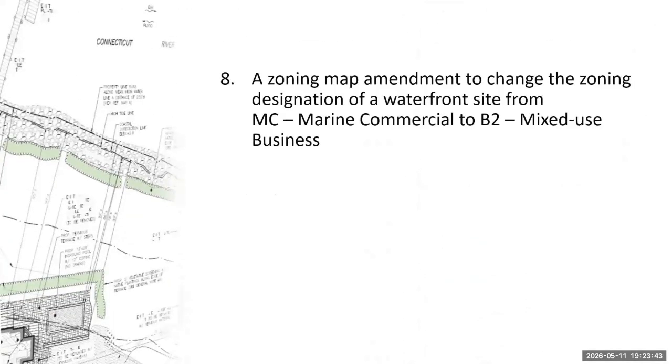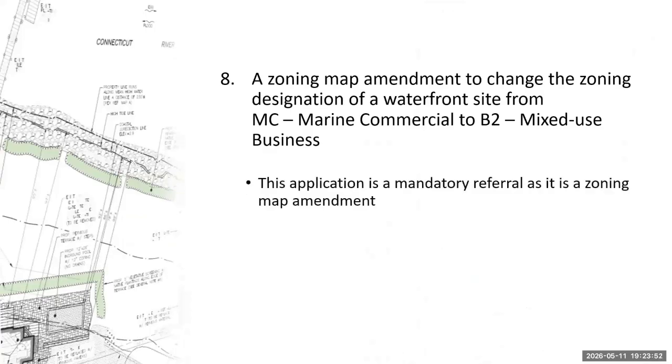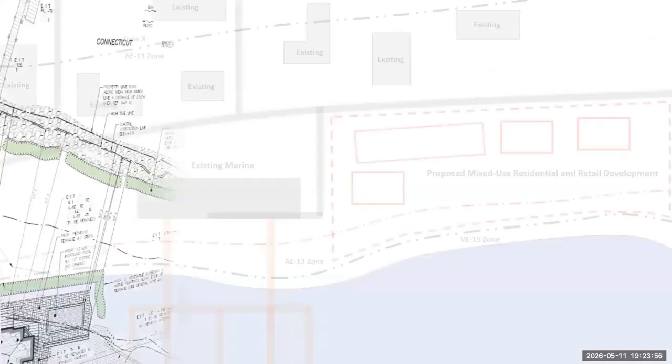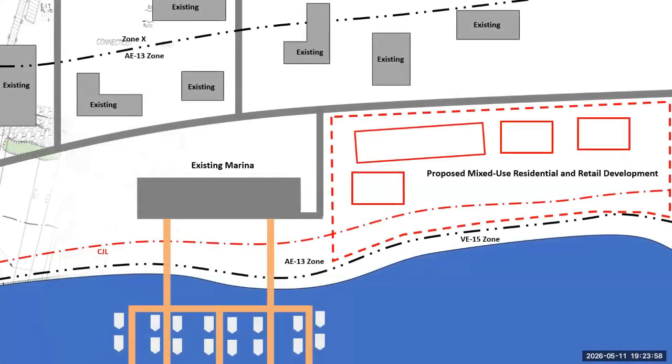Moving on to a zoning map amendment that would change the designation of a waterfront site from marine commercial to a mixed-use business area. This is a mandatory referral as it's a zoning map amendment within the coastal boundary. So contextualizing this, you have an existing marina, and then they're proposing this mixed-use residential and retail development. So this is a site that maybe historically supported a water-dependent use or has the potential to.